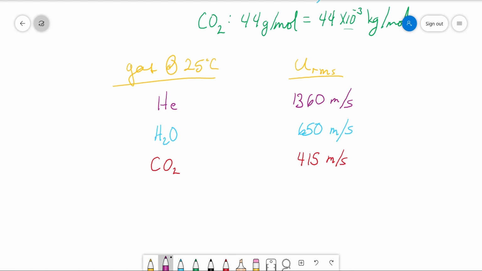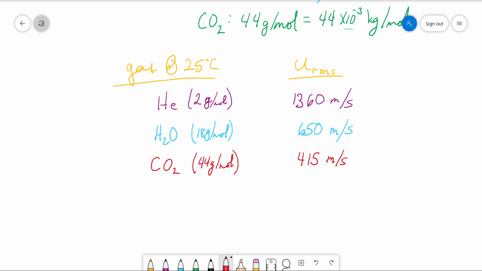And I guess I can put this, helium is about 2 grams per mole, water is 18 grams per mole, and CO2 is 44 grams per mole.